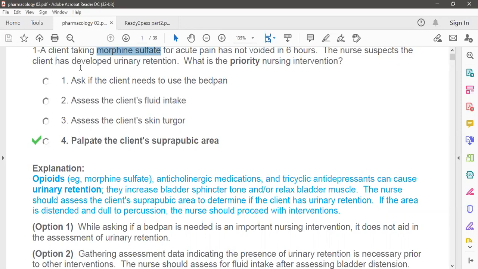For a patient who has to take opioids or narcotics like morphine or meperidine, we always have to check the respiratory rate, because morphine can cause respiratory depression or urinary retention. Also watch for constipation, which is a side effect of this medicine.